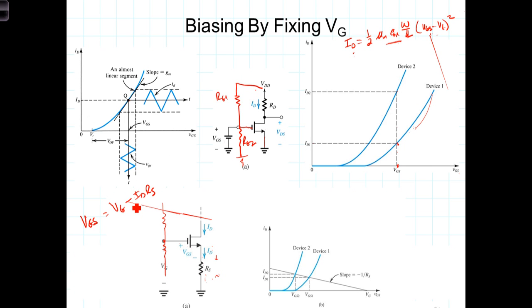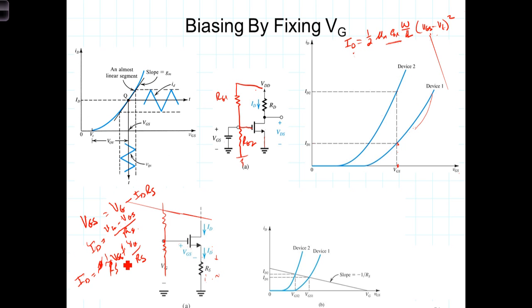If we solve this for I sub d, we get that I sub d is equal to V sub g minus VGS over R sub s. Putting it into the slope-intercept form, I left out the VGS term here.